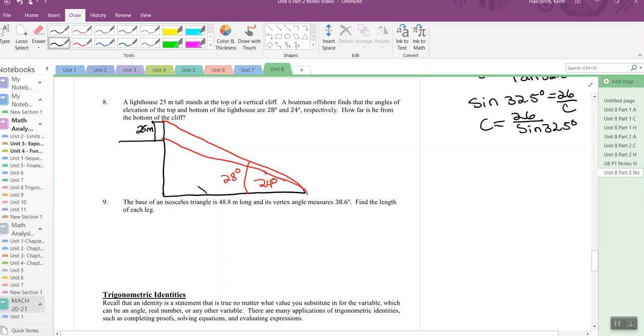So we'll say x is the distance the boatman is from the cliff. Now we'll also have to know the height of the cliff, so we'll say that's y. We'll use that to help us solve.